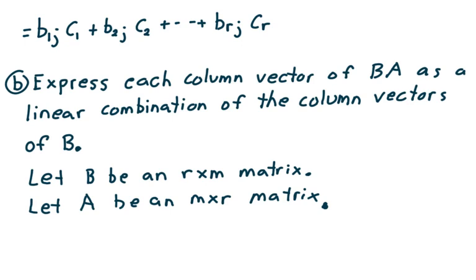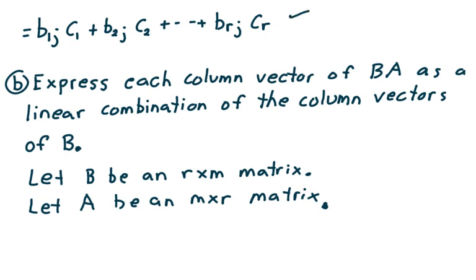So notice, B1J C1 plus B2J C2, all the way through until BRJ CR. And C1 through CR can be written as column vectors. And that's the idea.